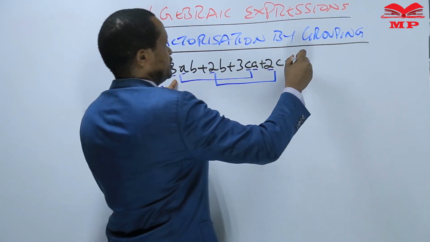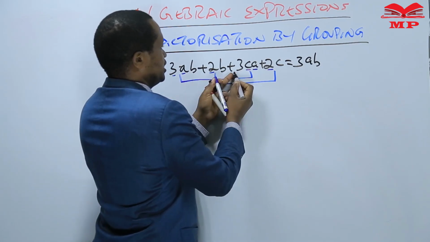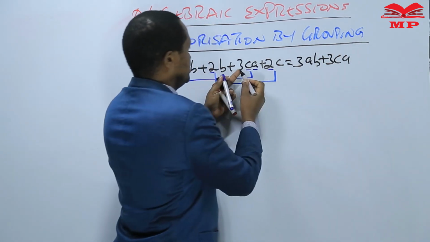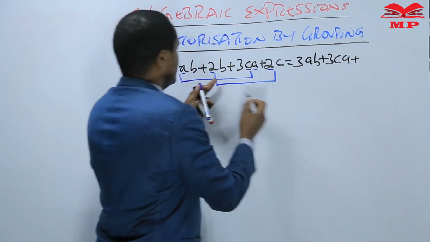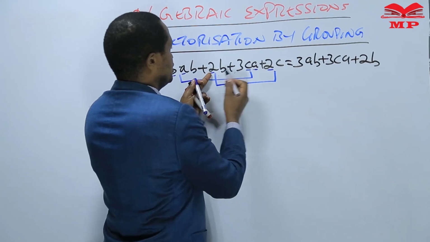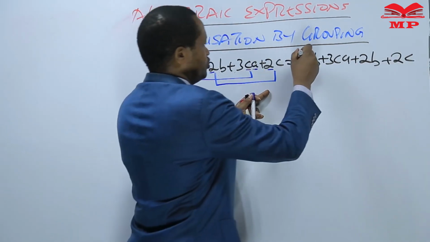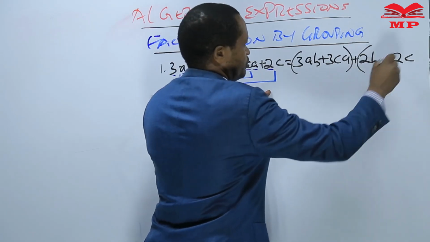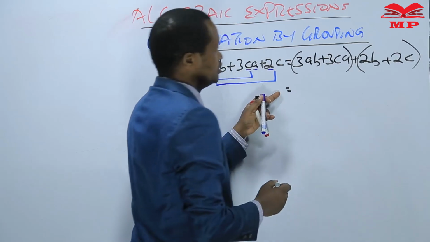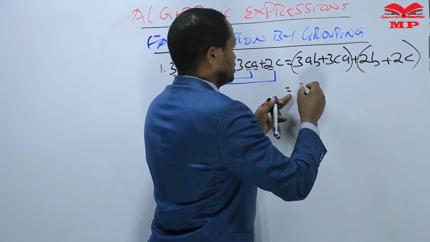So we will write 3ab plus 3ca plus 2b plus 2c. So we group this. This will be equal to: 3a is common in these 2 terms.